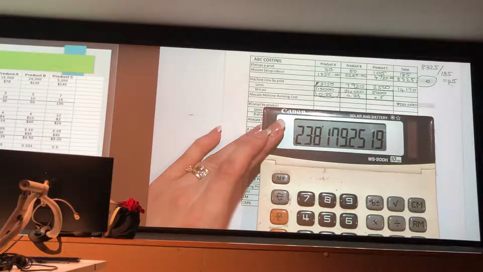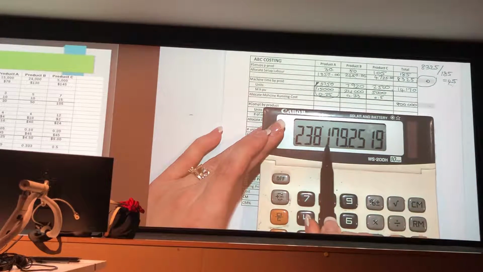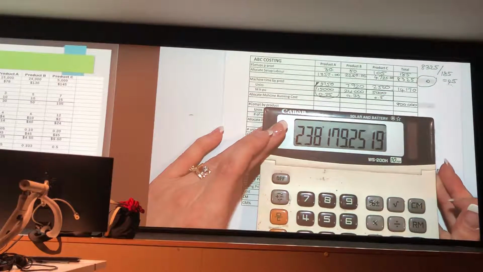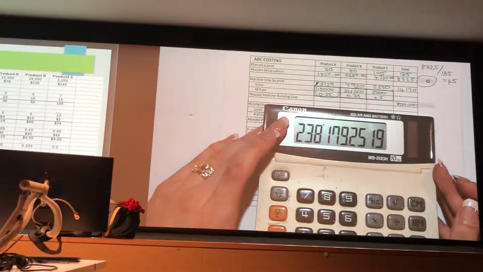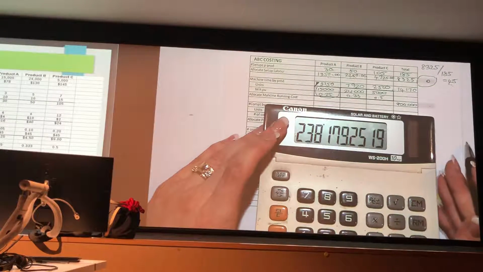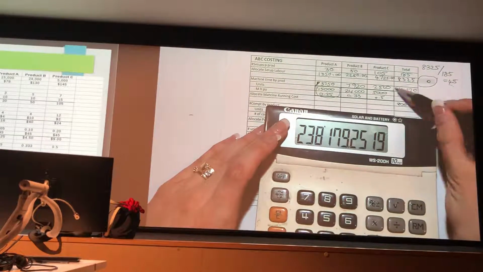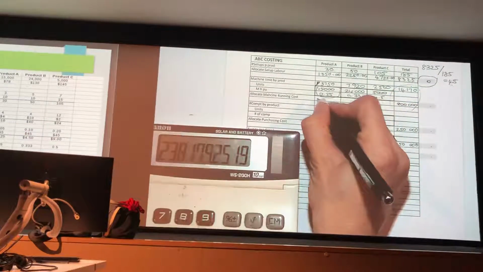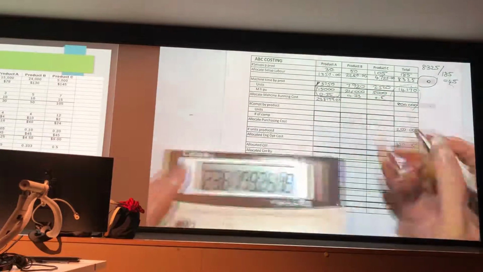And now we would use the breakpoint. 238179.25. So use the raw number here. 238179.25.